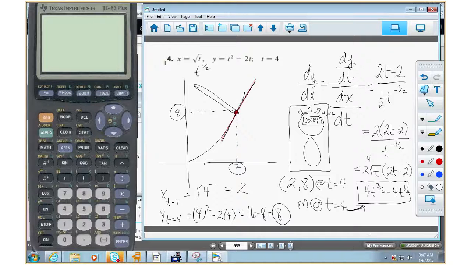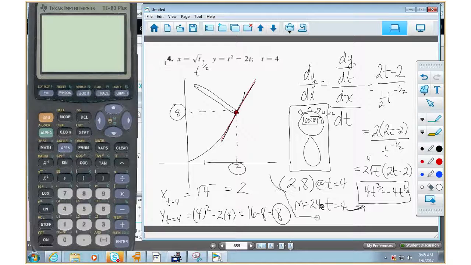And then 2 times 4 is 8. 8 minus 2 is 6. 6 times 4 is 24. So m is what? 24. Y'all check, make sure I did it right. M is equal to 24 at t is equal to 4.